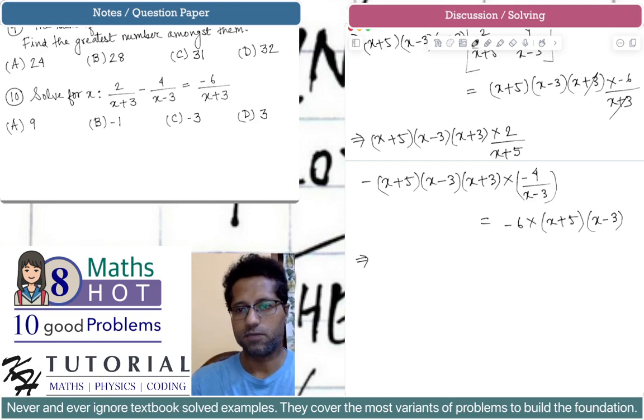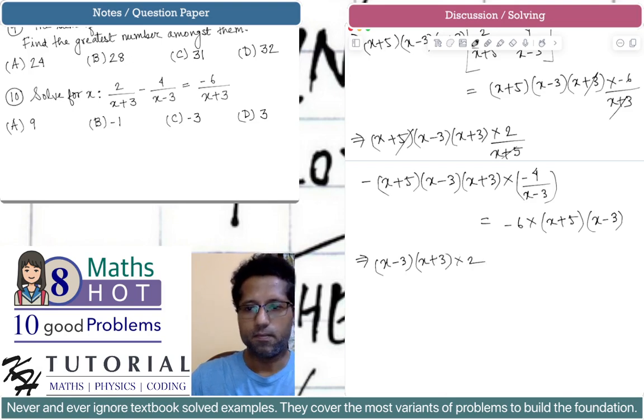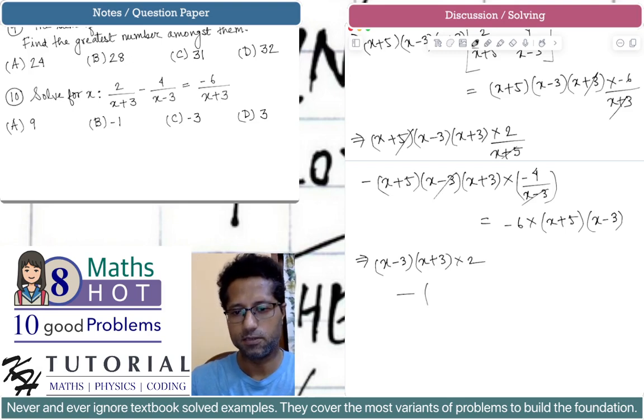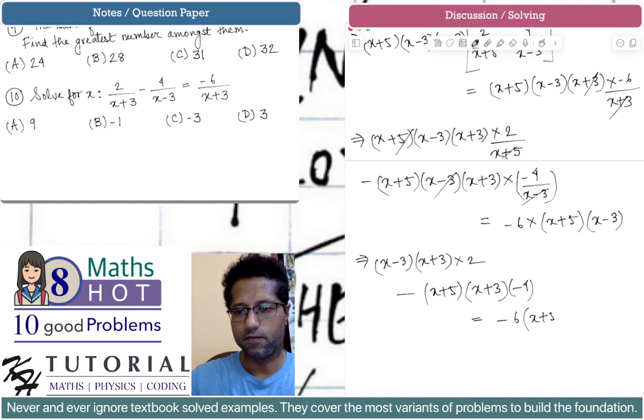If you further simplify on the LHS over here, x plus 5 will get cancelled out, and we will get x minus 3 multiplied by x plus 3 multiplied by 2, minus, from here x minus 3 will cancel out, and we will get x plus 5 multiplied by x plus 3 multiplied by minus 4, and on the right hand side we have minus 6 multiplied by x plus 5 multiplied by x minus 3.